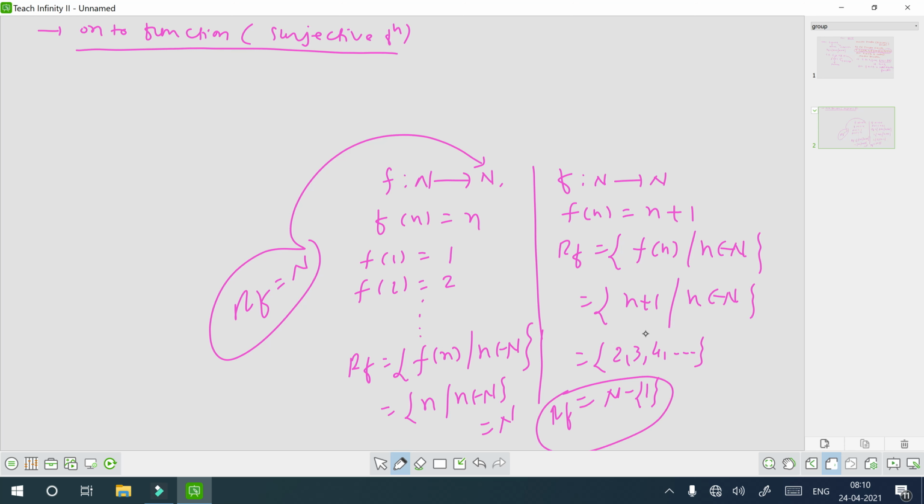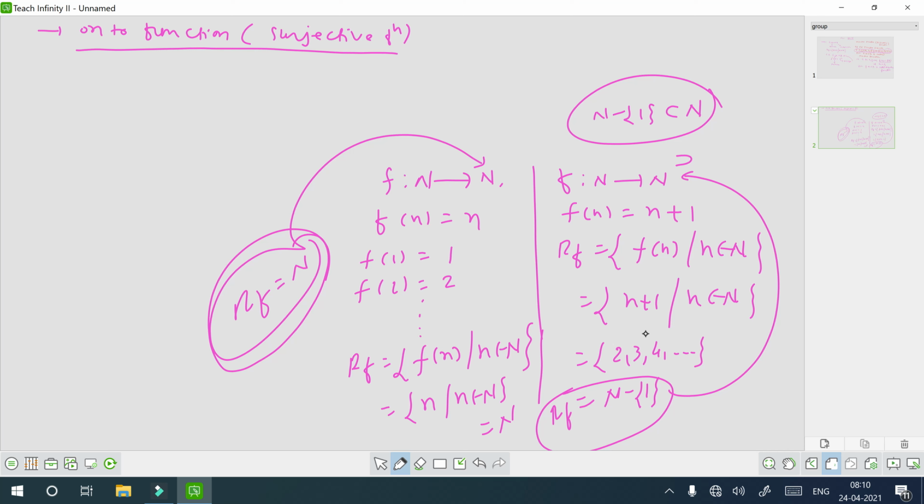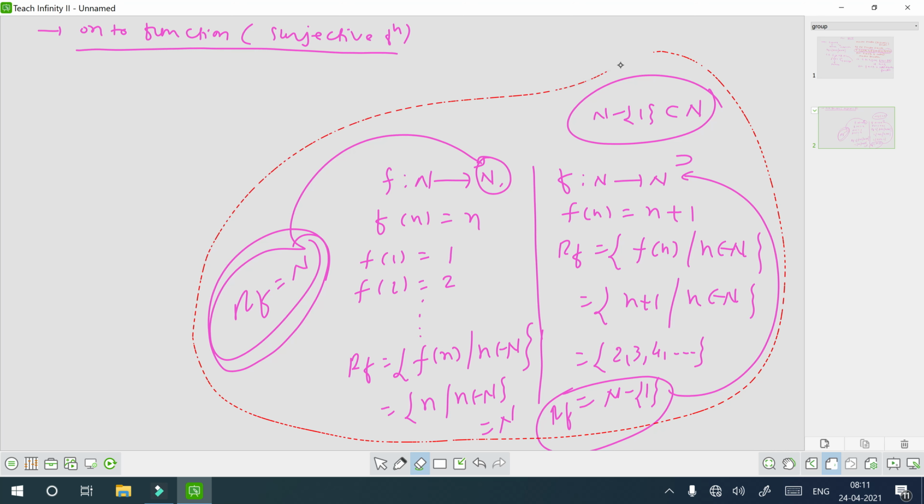Here the range of f is a subset of N, since N minus 1 is a subset of N. Clear? So the range of f is always a subset of the codomain. But if the range of function f is the same as the codomain, then that function is called an onto function. So let us see the definition.